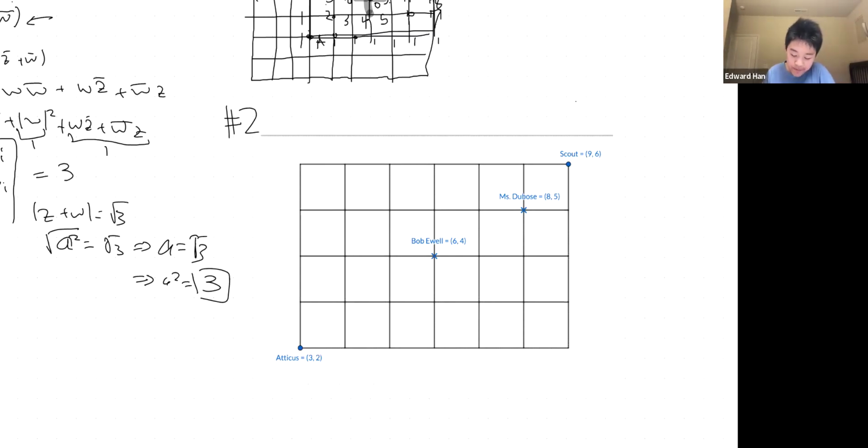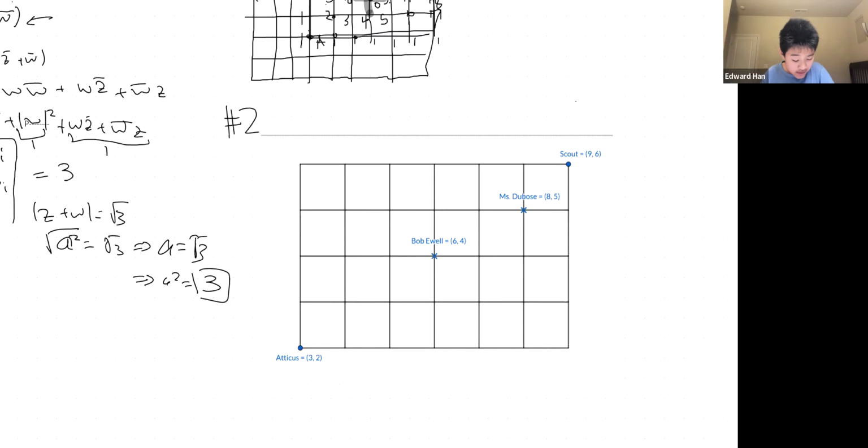Some things you might not understand about the problem are that Scout has to take steps of unit distance parallel to the axes, although the problem does not specify that, but it's pretty clear from the context. It's also clear that when the problem says Scout must not see Miss Dubose, that means Scout cannot go onto 8-5, which is where Miss Dubose is.